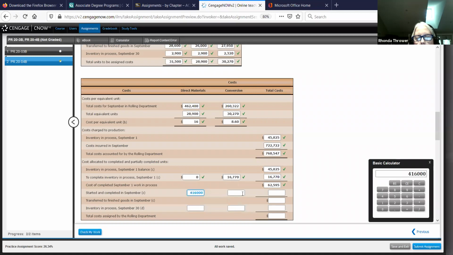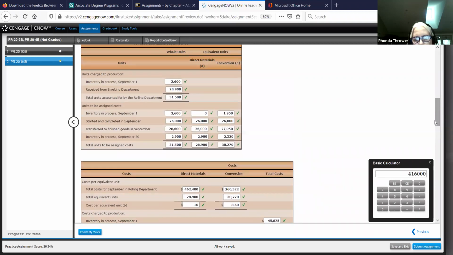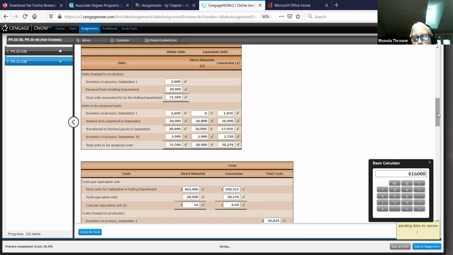Then we're going to find the cost of our conversion for our started and completed units. So going back to started and completed, moving all the way across to the conversion, you can see that there are 26,000 units that I'm going to have to multiply by the conversion cost per equivalent unit, which was $8.60.